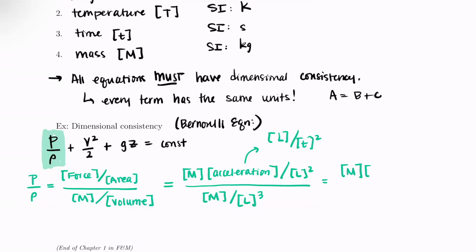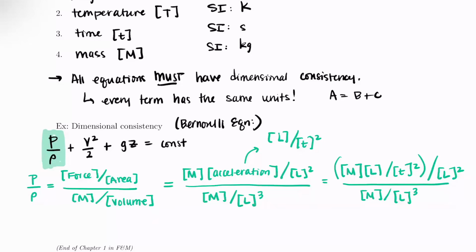So I have m times L divided by t squared, and then this whole thing is divided by L squared. All right. And then in my denominator, I have m over L cubed.